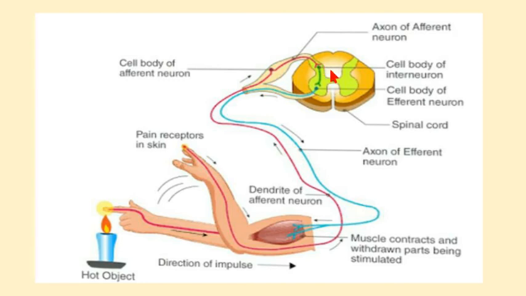Then it enters into the gray matter and forms a synapse with the relay neuron. The relay neuron transmits the message to the motor neuron. The motor neuron brings the message to the effectors, which are muscles, and the muscles contract and are withdrawn from that hot object. As a result, the person gets saved from the damage. So this is an example of reflex action.